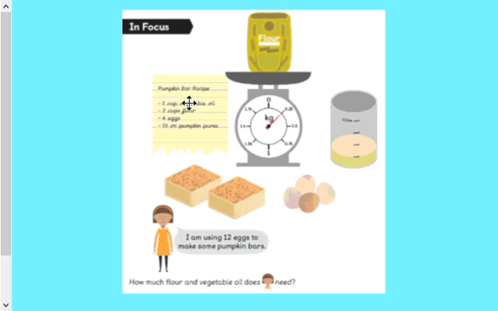The recipe says 4 eggs, okay, but she's using 12. So she's using 3 lots of the suggested amount of eggs. And I want you to think about that, okay, as we move through the lesson this morning, and we'll come back to it.